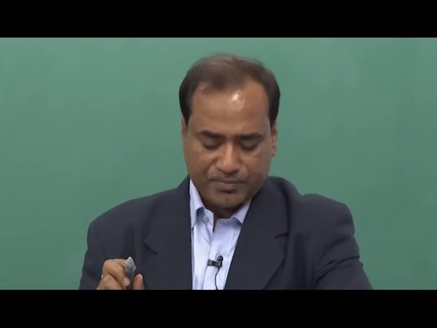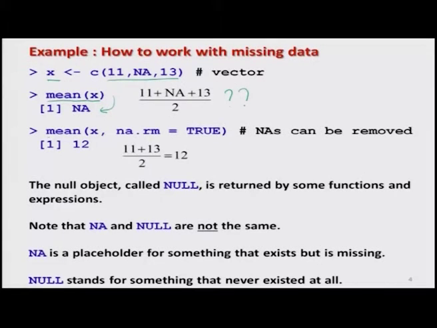There is a command: when I try to find the mean, I should write mean of the vector in which all the values are contained, and then write na.rm. NA means not available and rm means remove, and I am saying that na.rm is equal to TRUE.